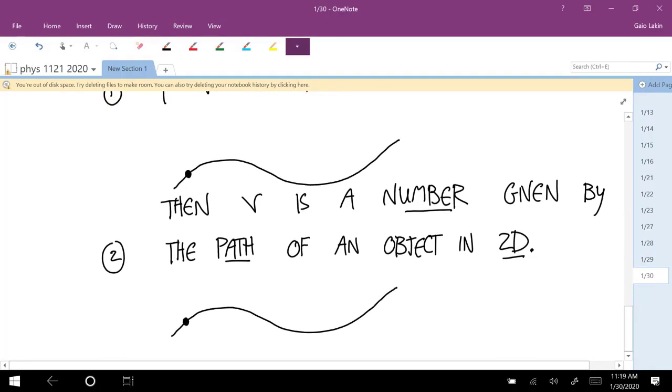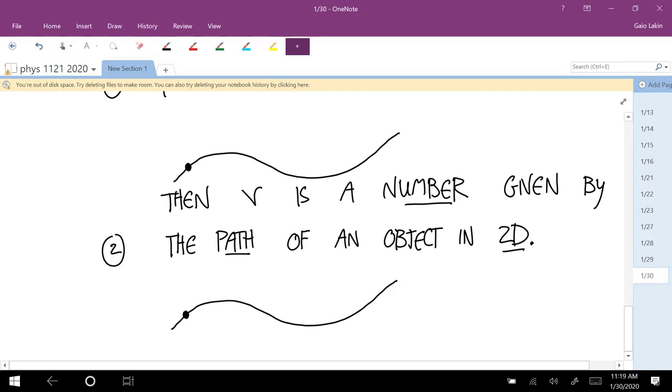In the case that you're dealing with motion along a line, or one-dimensional motion, this is a position versus time graph, and this entirely lives in math world. It's a graph. It's not showing anything about what the object actually does. The object's just going back and forth along the line.